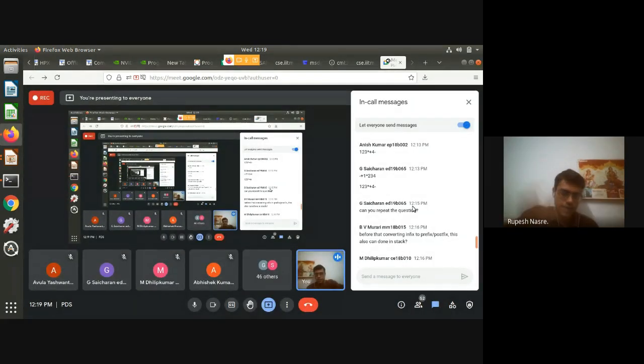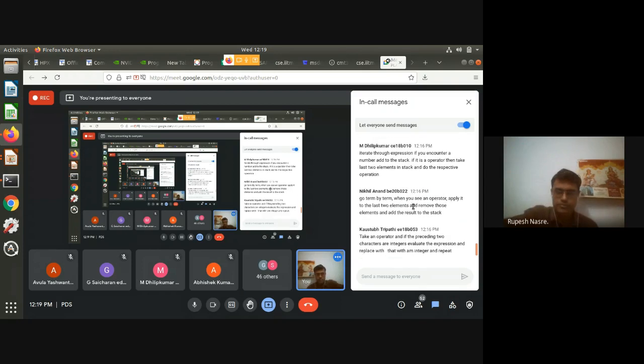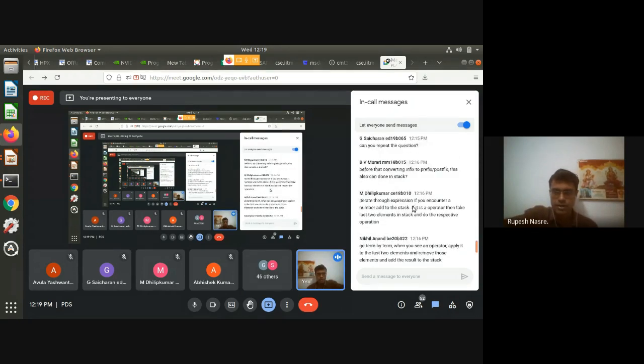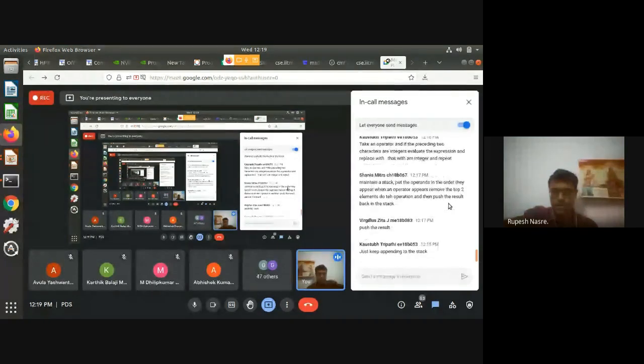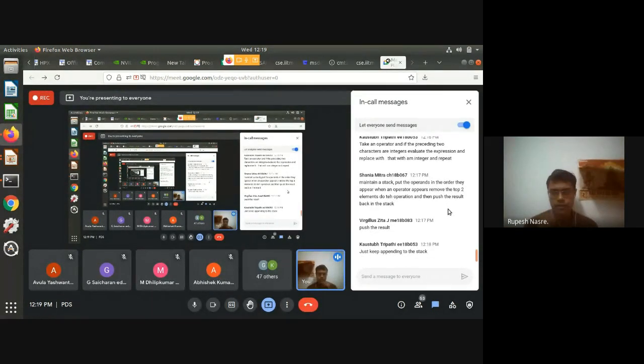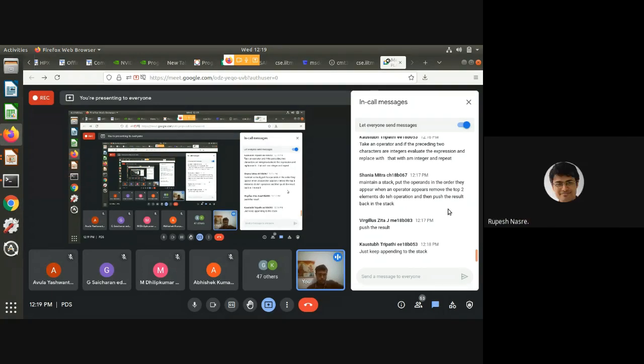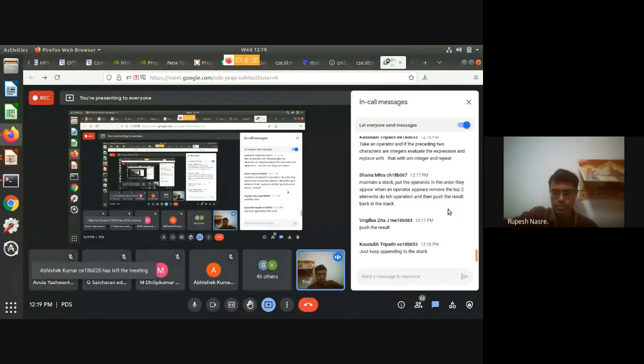Otherwise, you just keep appending to the stack. Okay, so that's an interesting suggestion. Shania says maintain a stack, put the operands in the order they appear, and when an operator appears, remove the top two elements, do the operation and then push the result back to the stack. Sure. Zeta has said push the, yeah, that is the answer to my previous question. Okay. Any other concerns? Any other comments, algorithms?